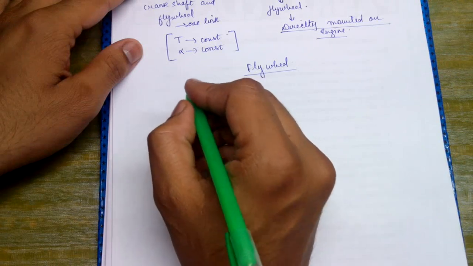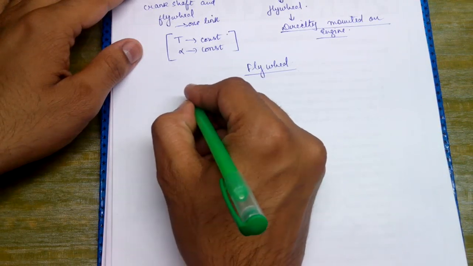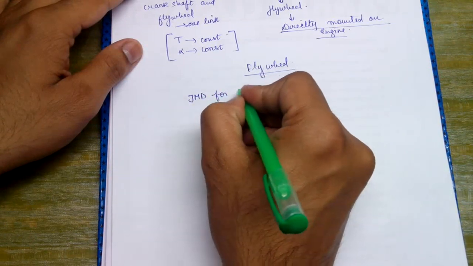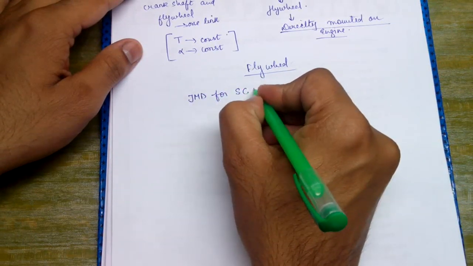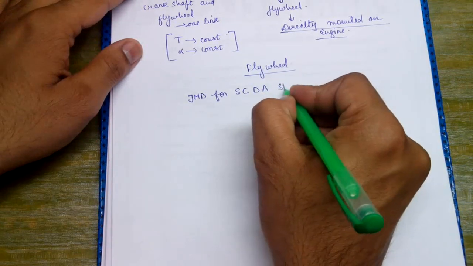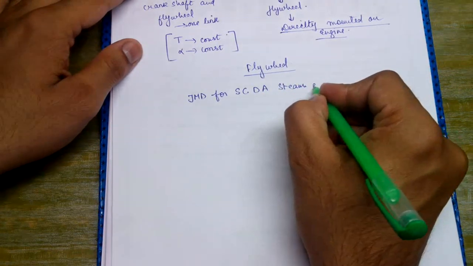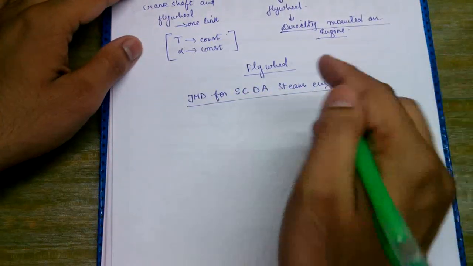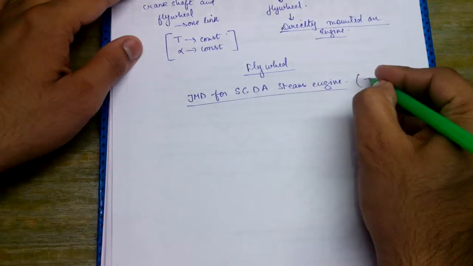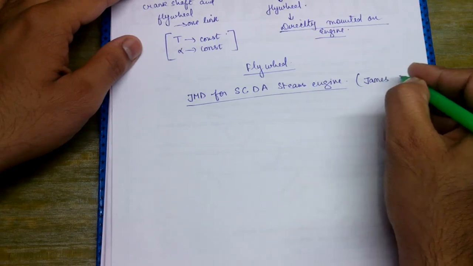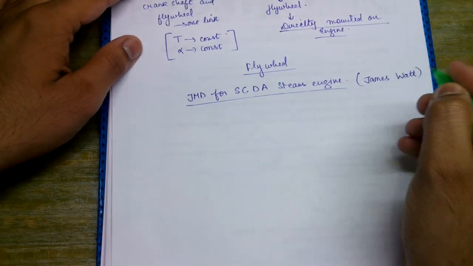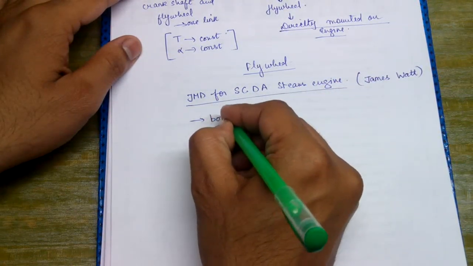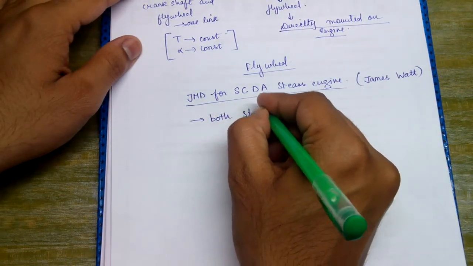single cylinder double acting steam engine. Turning moment diagram, in short TMD, for single cylinder double acting steam engine. It was developed by Sir James Watt, and we will see that both strokes are positive.